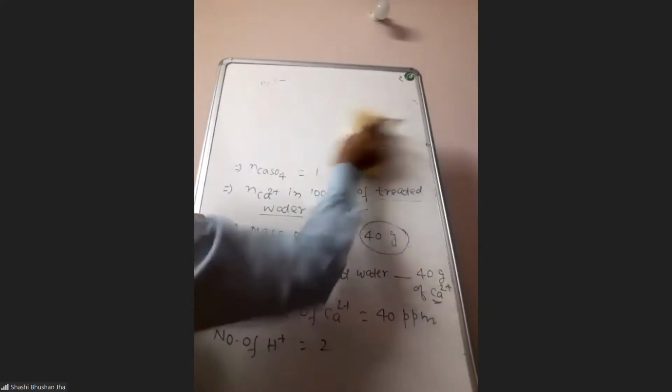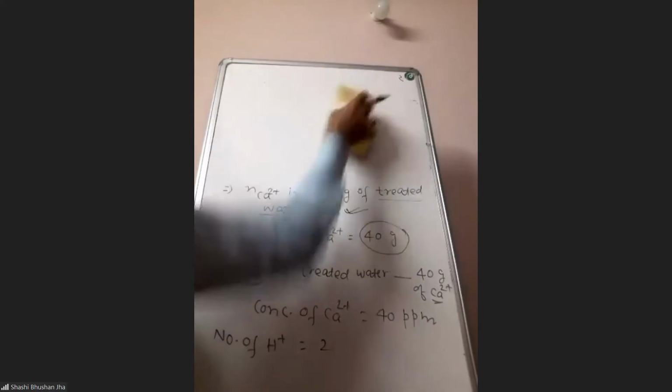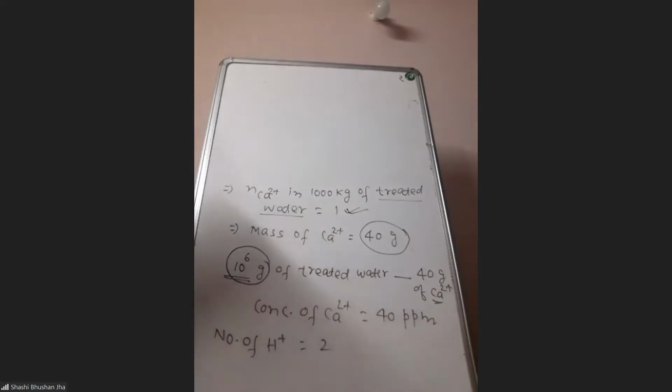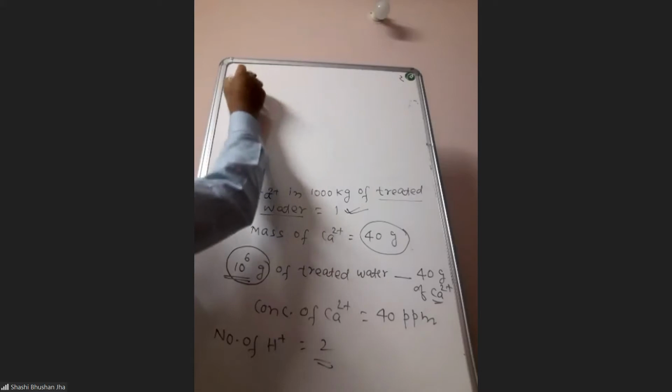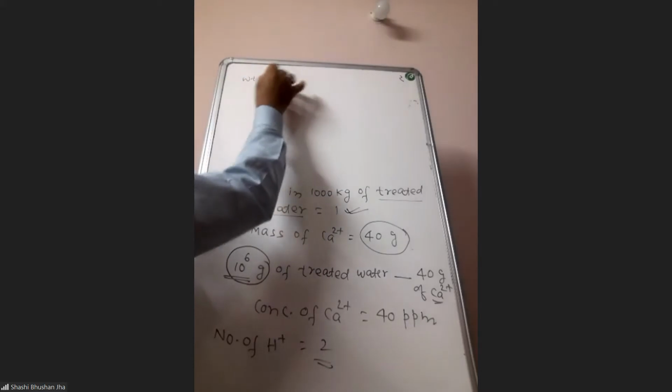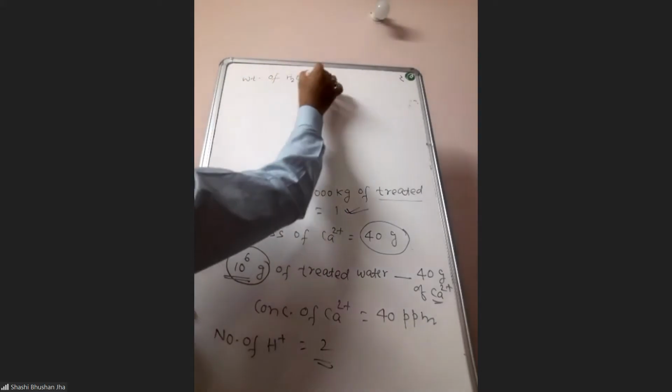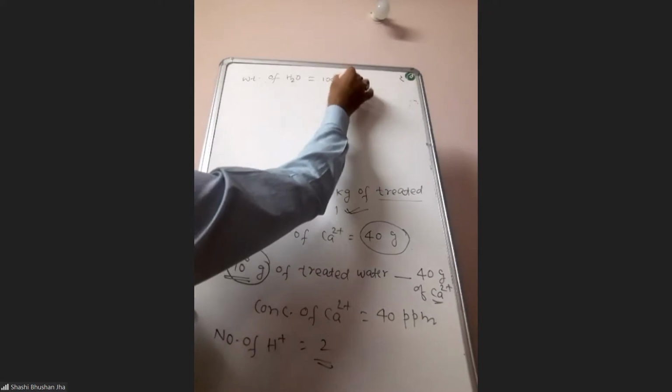We want to calculate pH, so we need the molar concentration of H plus. So the number of moles of H plus is 2 and the weight of water is 1000 kg.